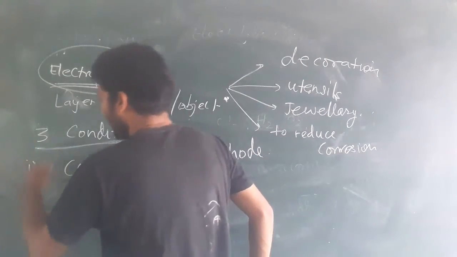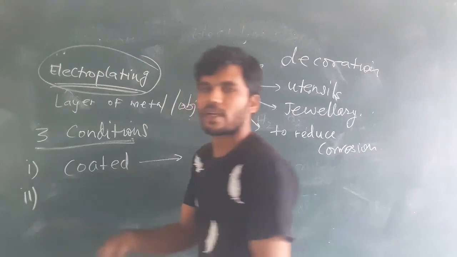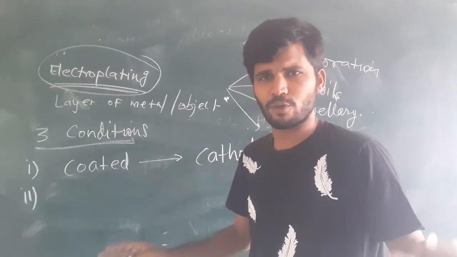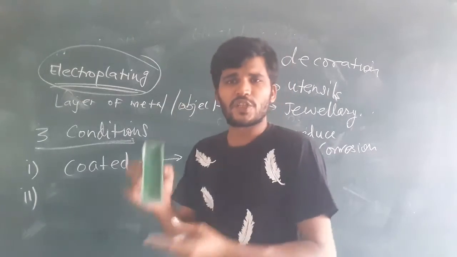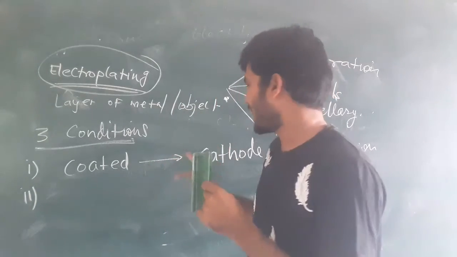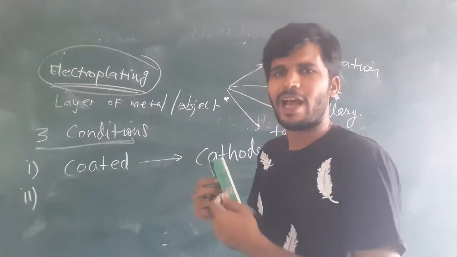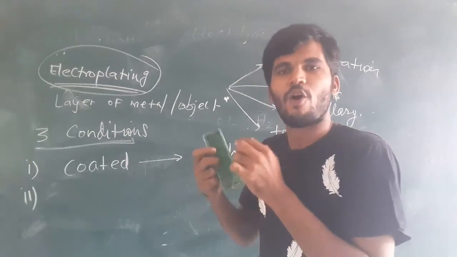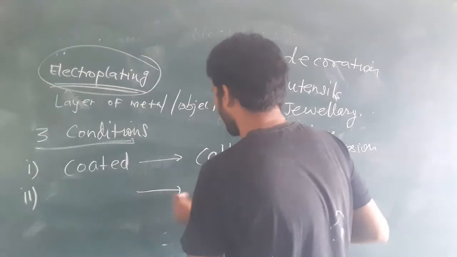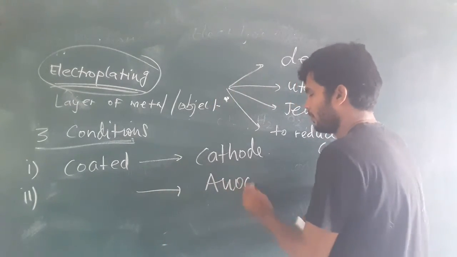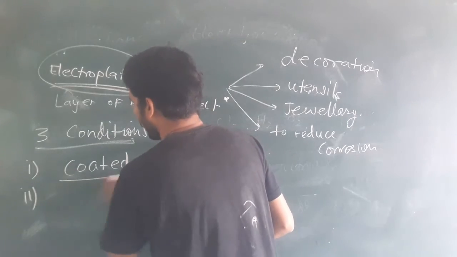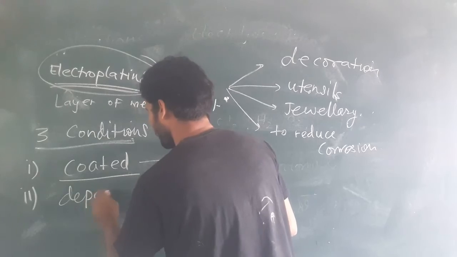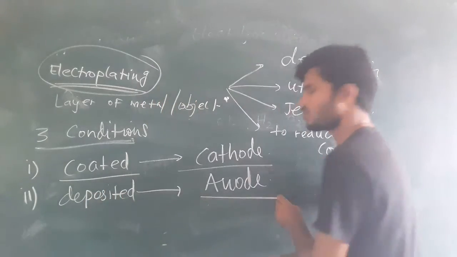And the metal which is deposited, जो बाहर से हमने डिपोजिट करने के लिए लाया है उसके ऊपर, suppose this is an iron piece, so this I will take as the cathode, right? And this white colour particle I want to electroplate on this iron piece, so this will be taken as the anode. Whatever we need to deposit is called the anode.